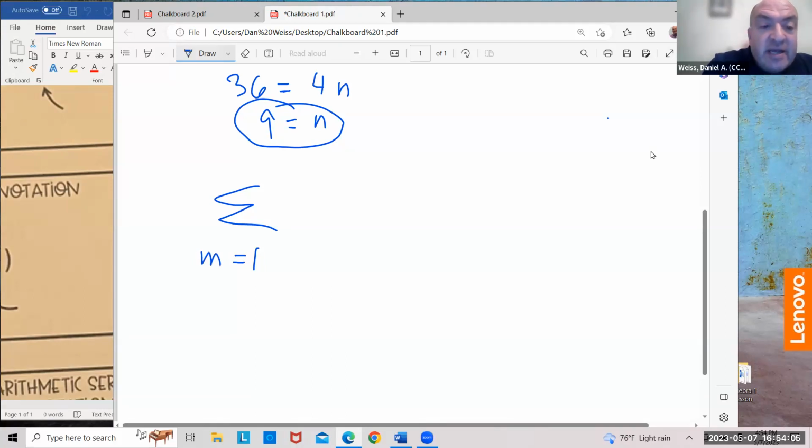But this N means the number of numbers. So for the purposes of your formula, are you okay with using M here? We could use X, Y, Z, it doesn't matter. M's fine.